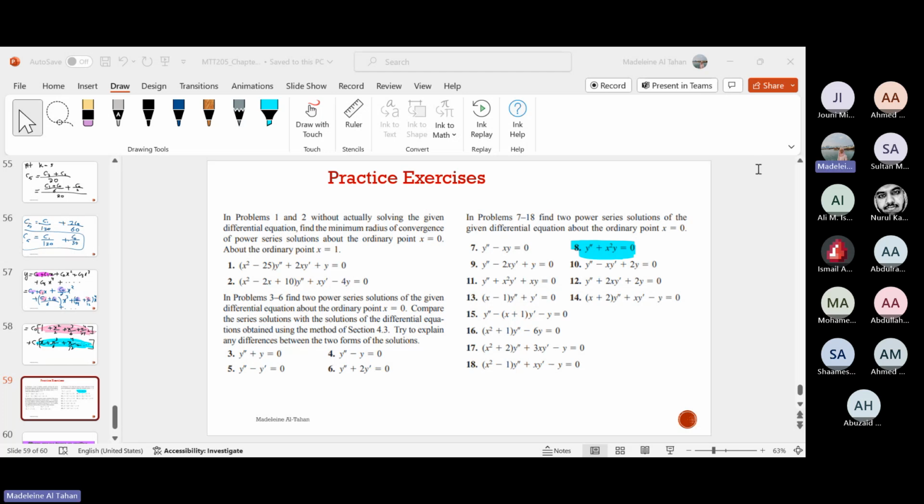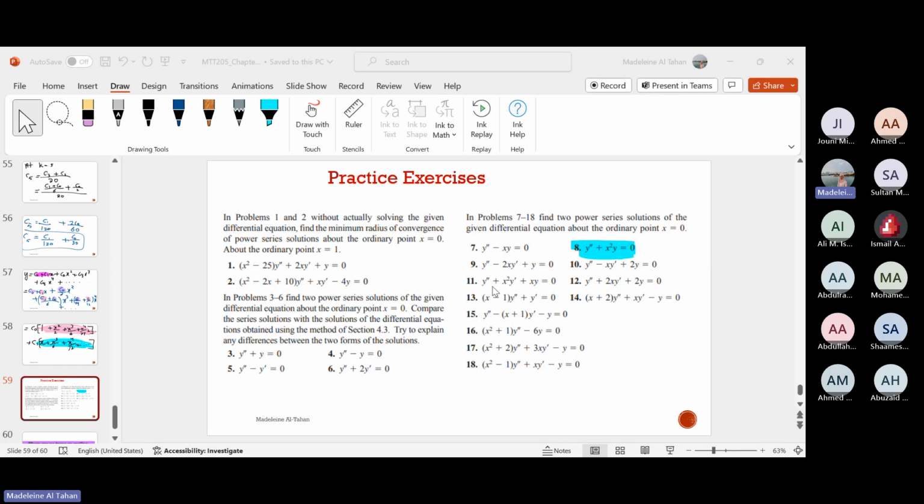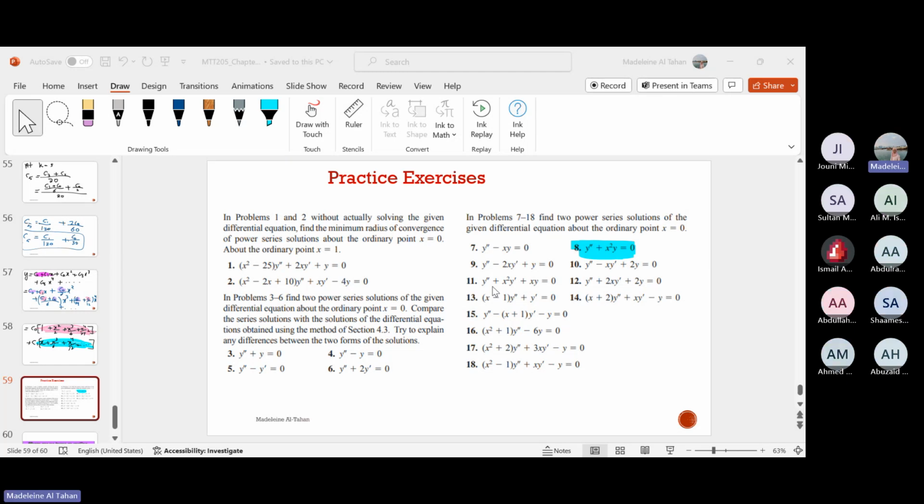Then we will discuss again. So I will just create the rooms. I sent it in the chat, so please start with it.